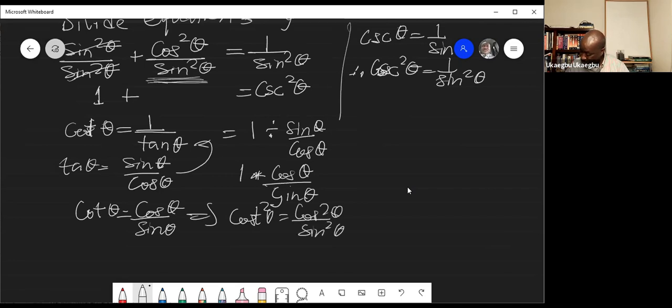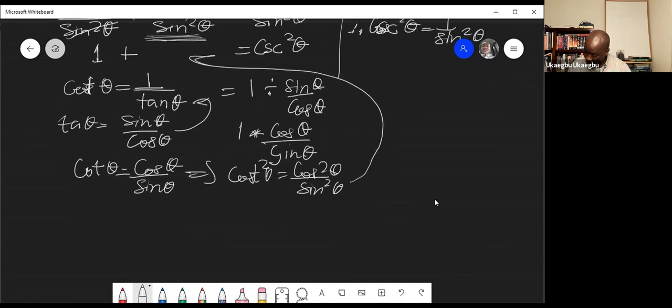Then we put this back in its place, and 1 plus cot square theta will give us cosec square theta.